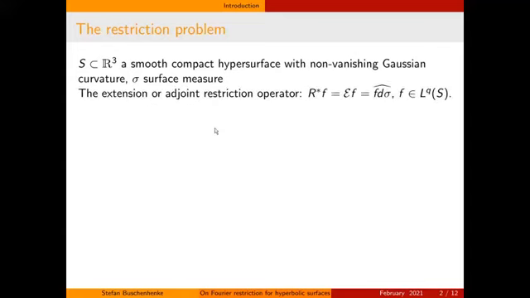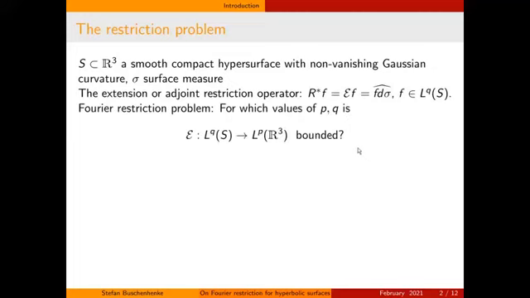Then the extension operator, which is the adjoint of the restriction operator, is EF, which is just: I take F, multiply with sigma, and then take the Fourier transform. The restriction problem asks for which values of P and Q the extension operator is bounded from L^Q of the surface S to L^P in R^3. This was formulated by Stein in the 70s.